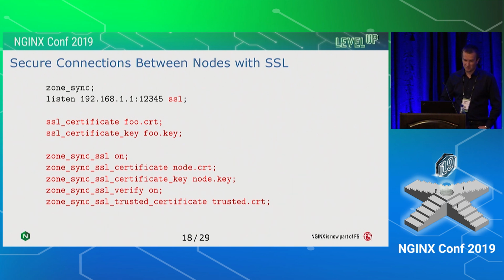You just configure a server-side SSL. And on the client side, you have a bunch of zone_sync_ssl directives that are similar to proxy SSL directives. This is client-side SSL in Nginx. So everything Nginx knows about SSL, like client certificates, different checks, and everything that it has, is available in communications between nodes.